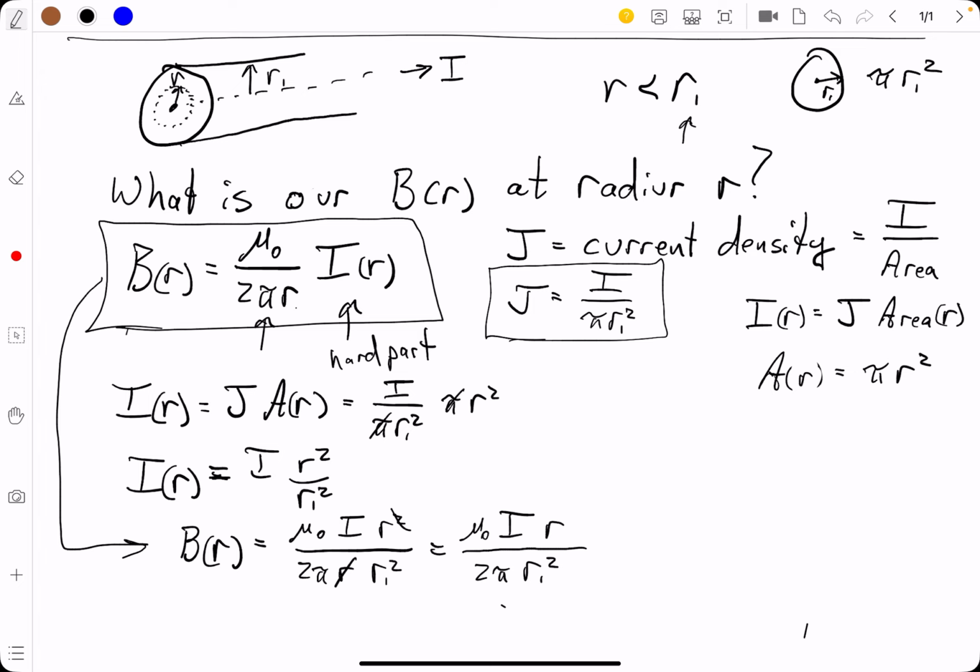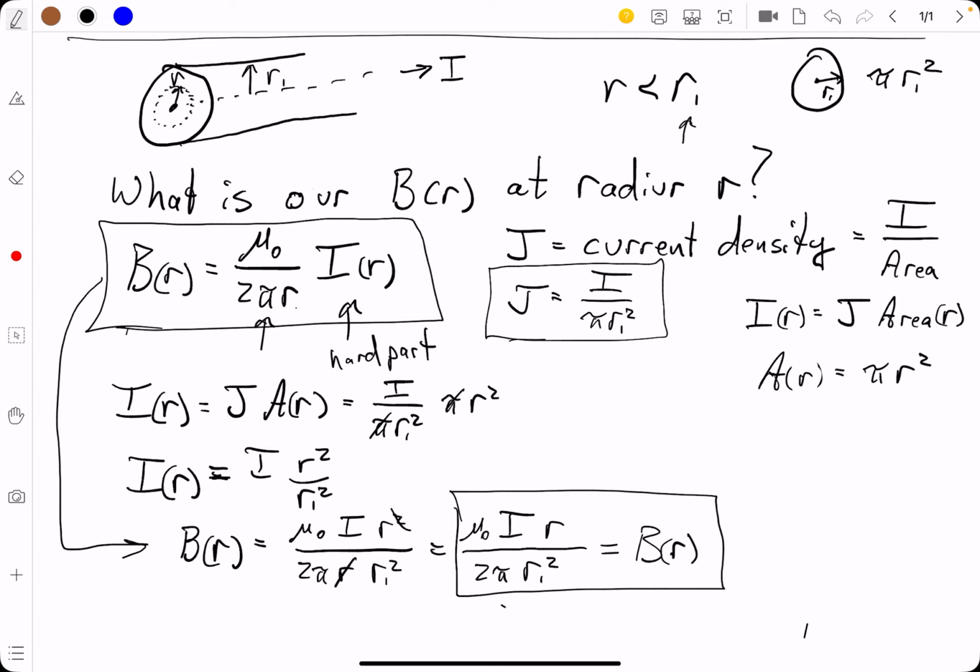Believe it or not, that is the right answer. Okay? So, of course, we've got this as our B(r). And then you say, okay, well, fine, but which direction is my B(r) going in?